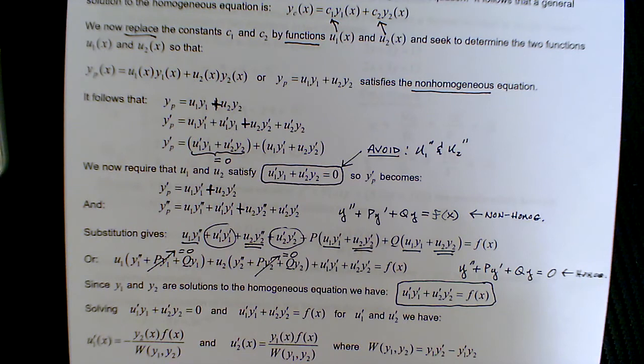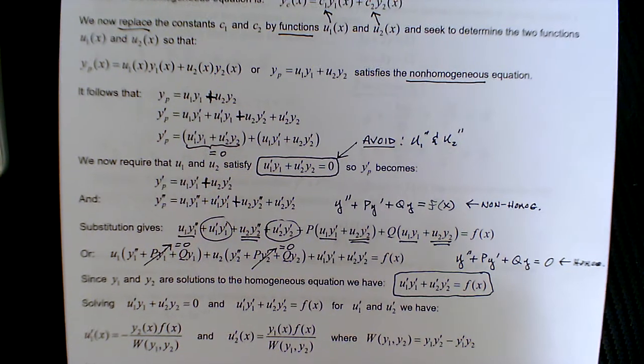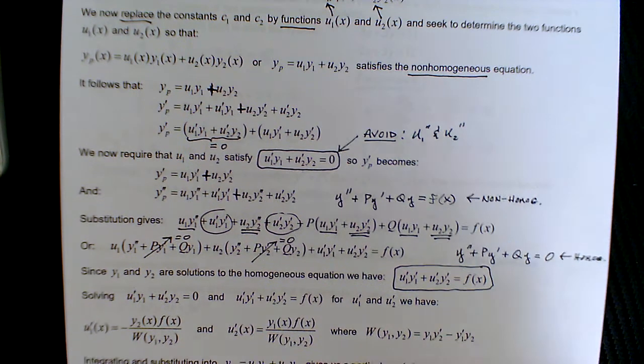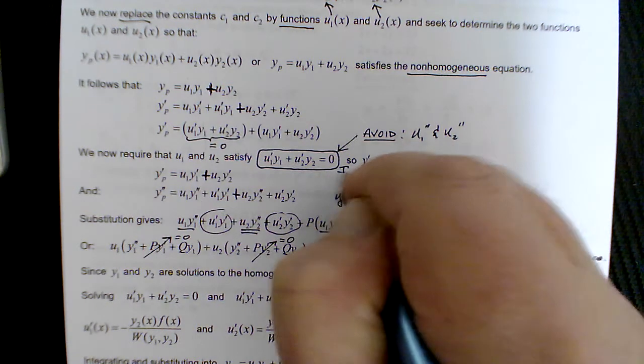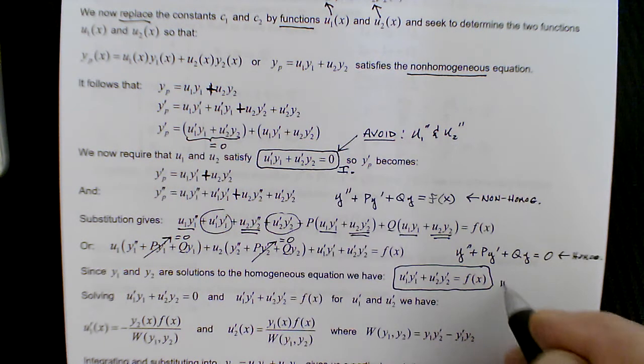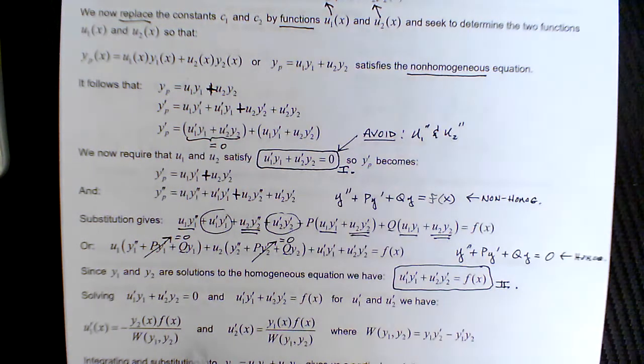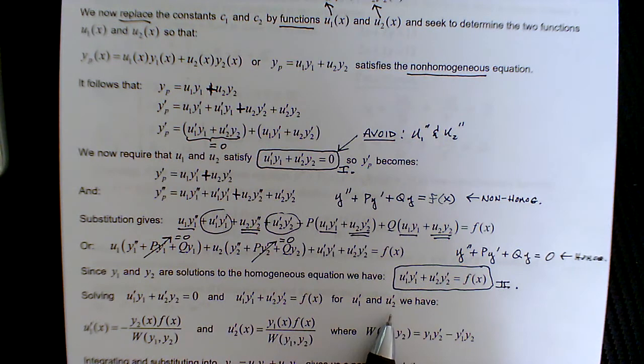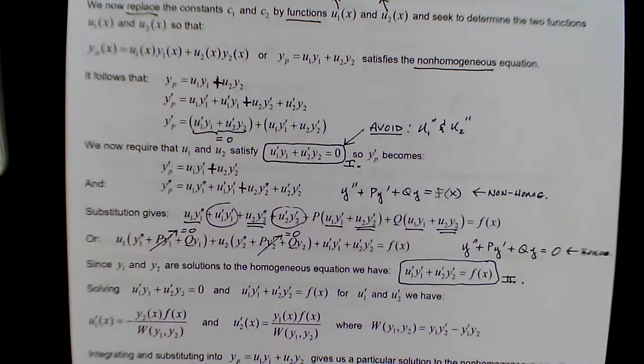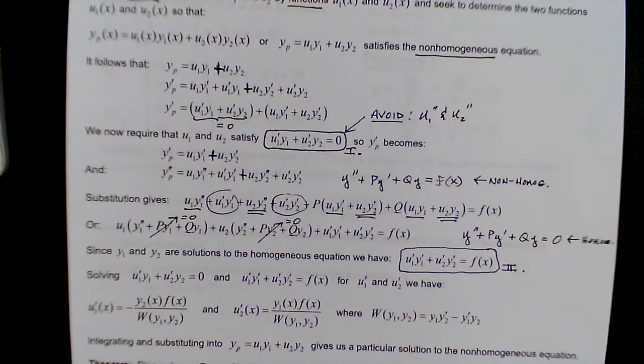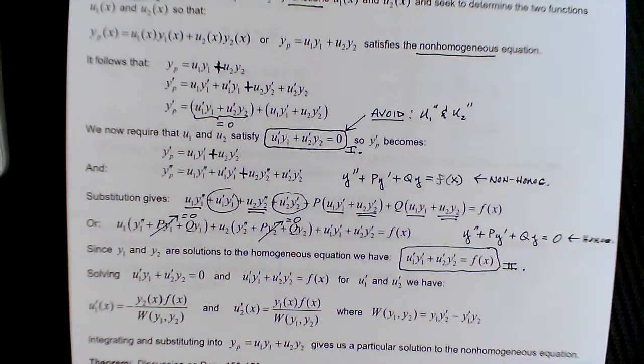And if we take the two things that we've boxed off at this point, we could call this Roman numeral 1 maybe, and this Roman numeral 2. And if we solve that system for u1 prime and u2 prime, this is what we get. And let me show you quickly. I kind of skipped some steps there.